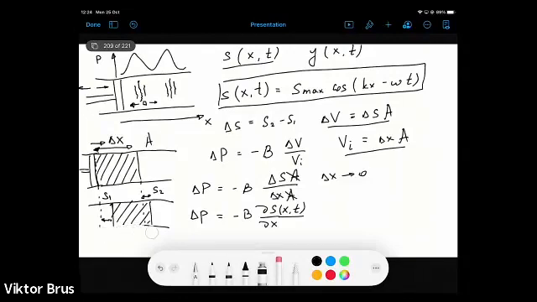Delta P is equal to minus B partial derivative over X. And here is our function S versus X and t. So it will be S maximum times cosinus Kx minus omega t.